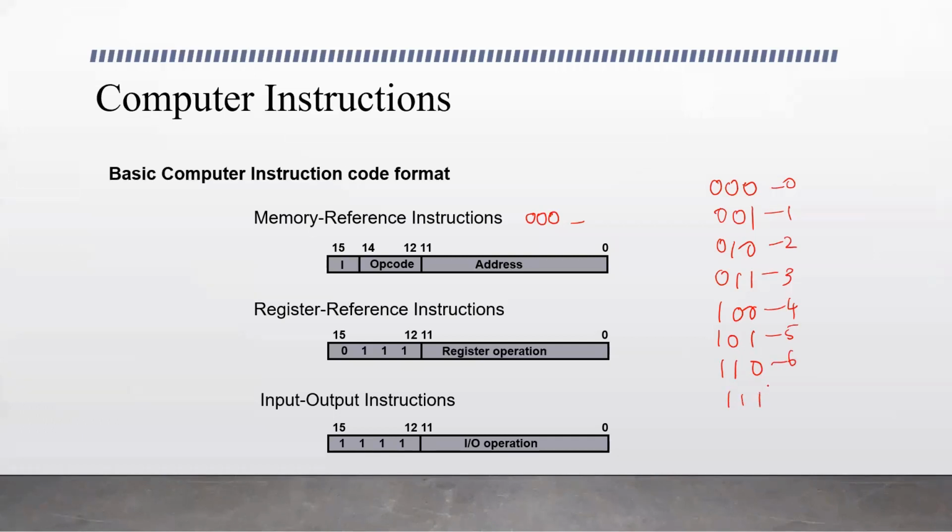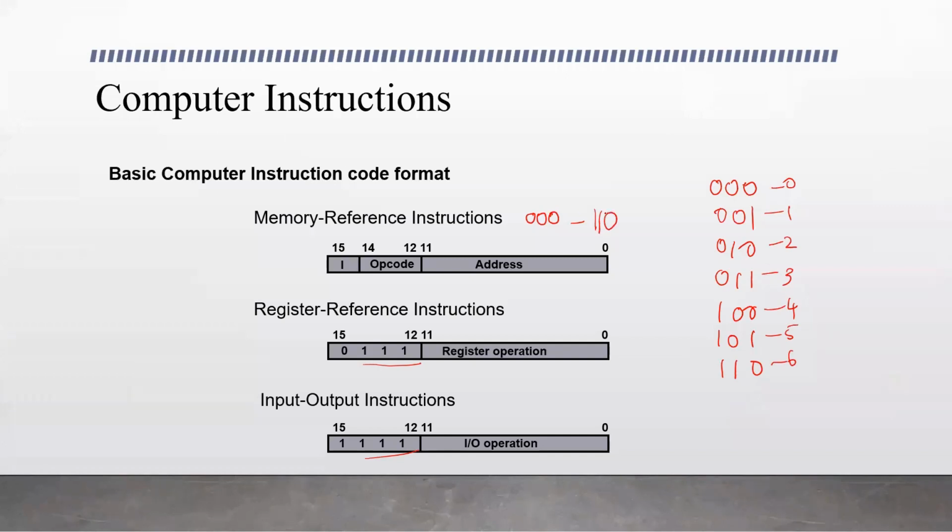The code 111 is used for register reference instructions and input output instructions. It is not included for this. So it is from 000 to 110.